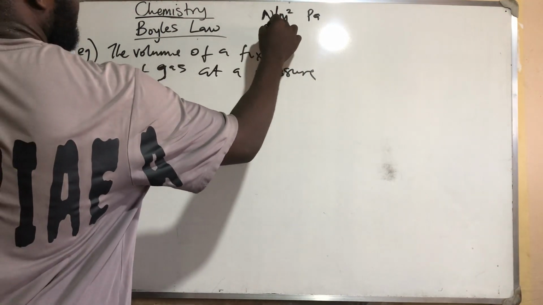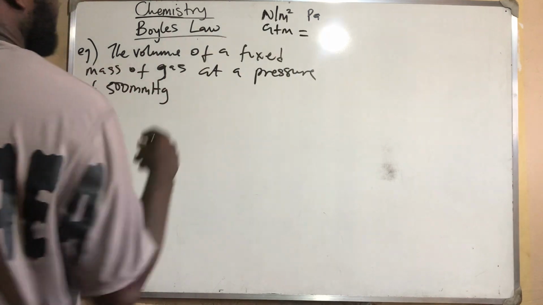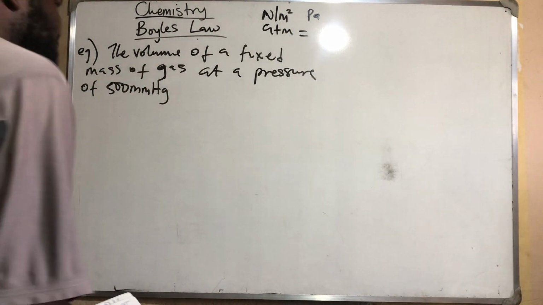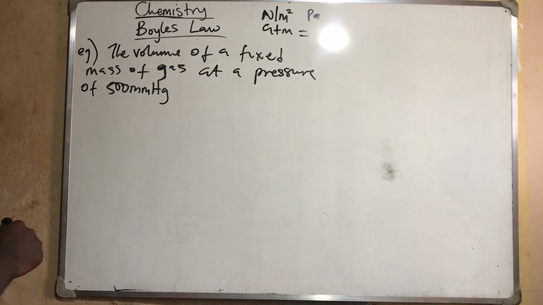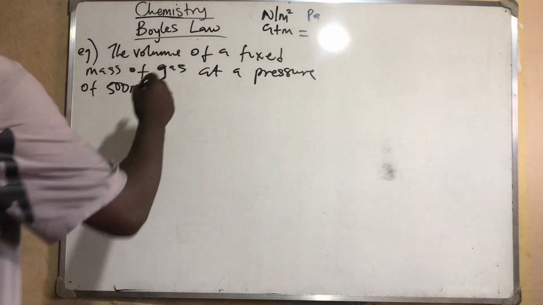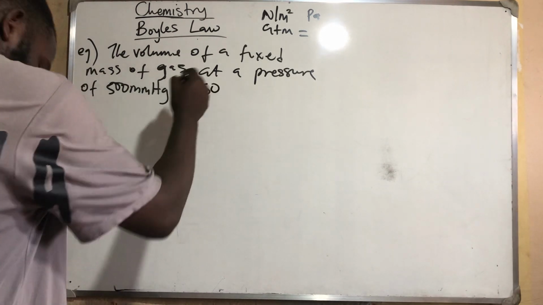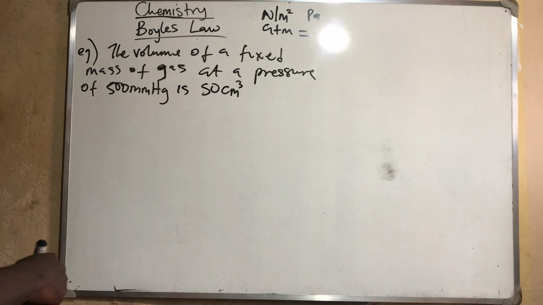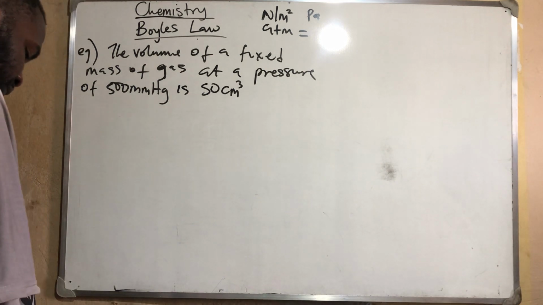Then ATM is the same thing as what did I call it? You can check my former video anyways. So we have this as millimeter mercury. It said that the volume of a fixed mass of gas at the pressure of 500 millimeter mercury is 50 cm3.